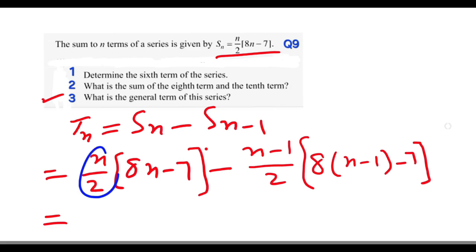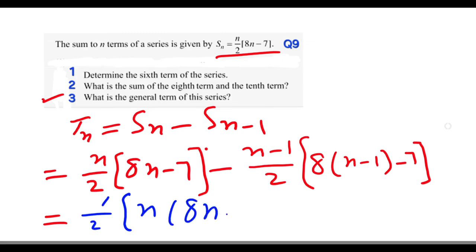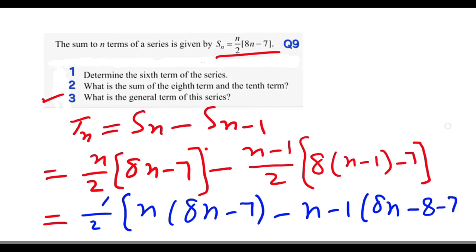I can see the 1 over 2 is common. So the 1 over 2 common factor, and then we are left with n multiply 8n minus 7, and this side minus n minus 1 multiply, this 8 must multiply inside, becomes 8n minus 8 minus 7, close bracket.